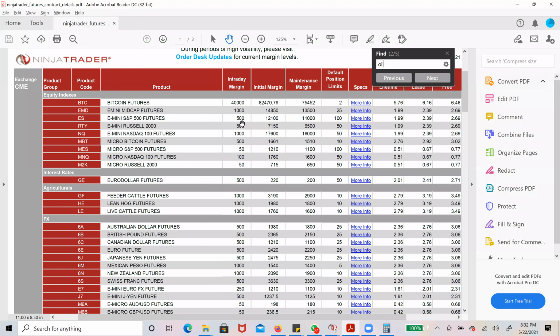So let's say you want to buy 5 contracts of NQ, it's going to cost you $5,000. You are not paying $5,000. You are only paying what NQ is, like $5. So 5 into 5, that's $25 you are paying. But that's $5,000 on the margin. It's locked.